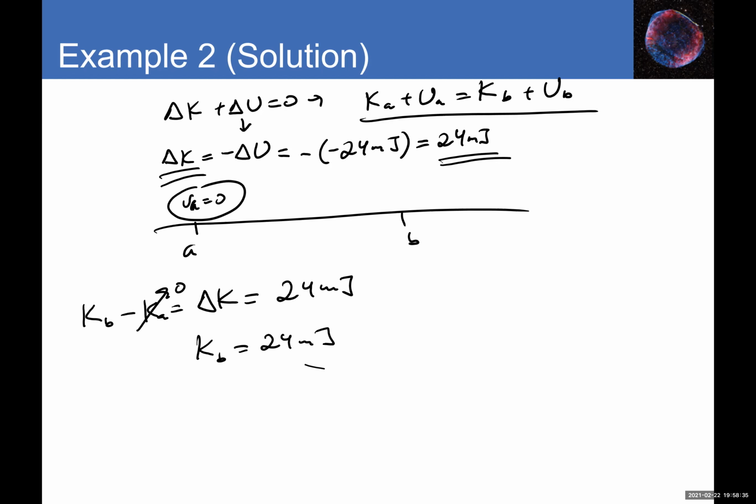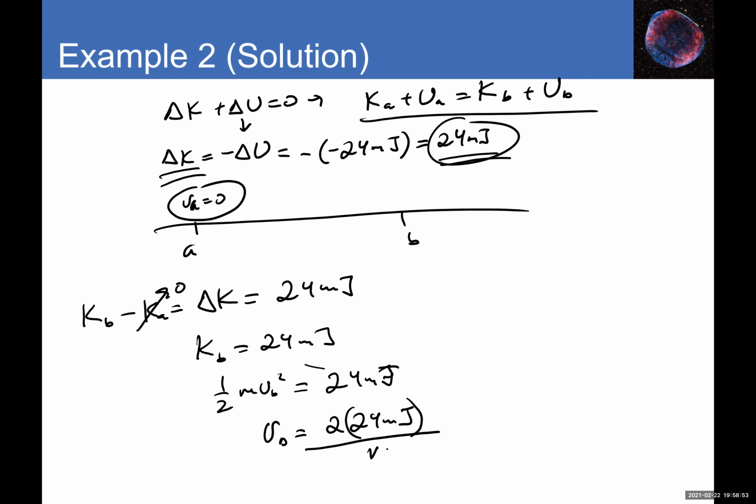Now, what can I do with this? I can calculate what the speed will be when it gained this much kinetic energy. I can say one half m vb squared equals 24 millijoules. Then vb equals the square root of 2 times 24 millijoules divided by the mass. All I need to know is the mass of that particle, and I could then calculate the speed.